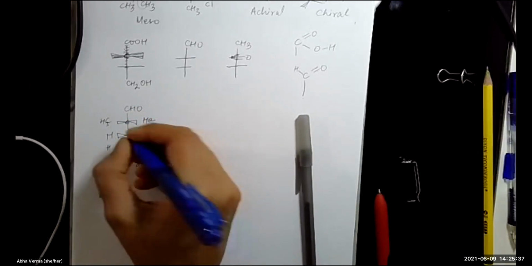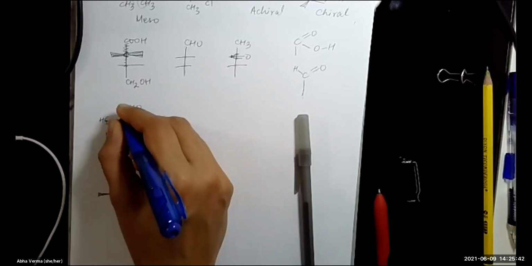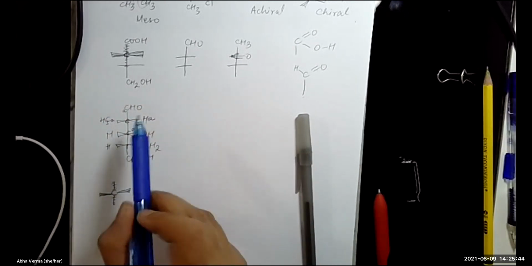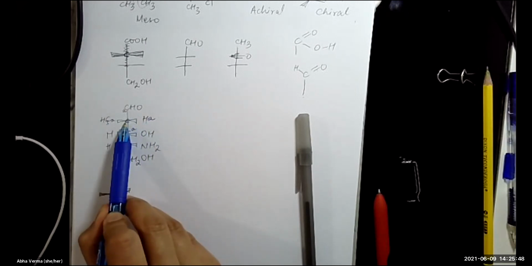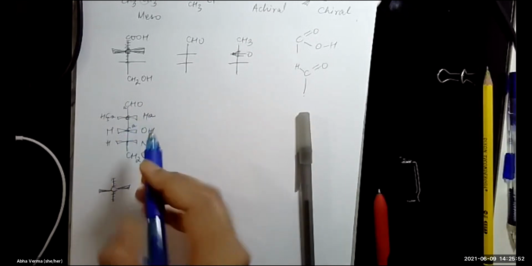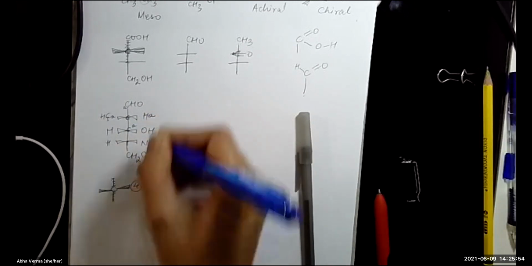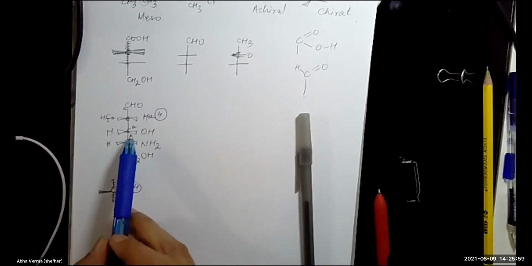This carbon is atom A, this carbon is atom A, and this carbon is atom A. Among all of these 4 atoms that are directly attached to my carbon of interest, I see that this hydrogen will be my number 4 because of the lowest atomic number.